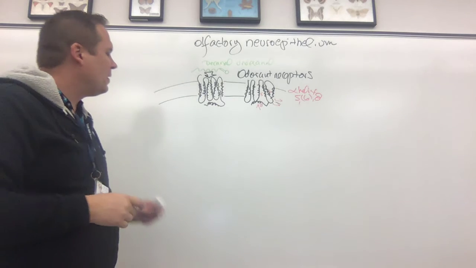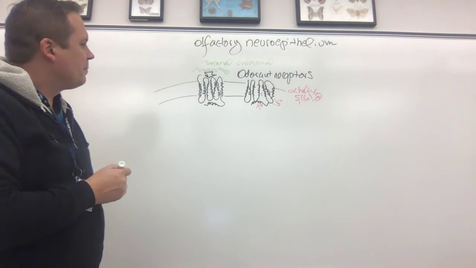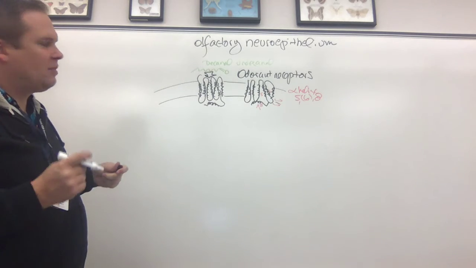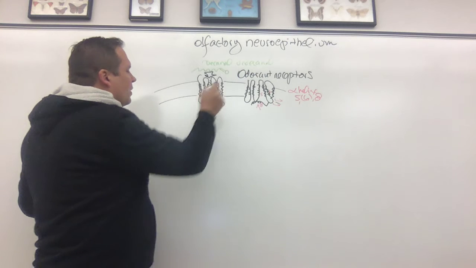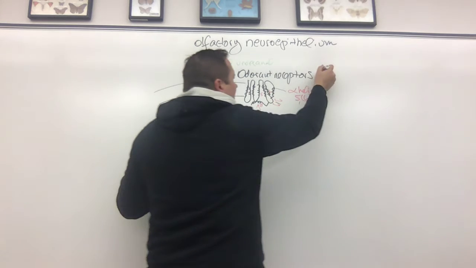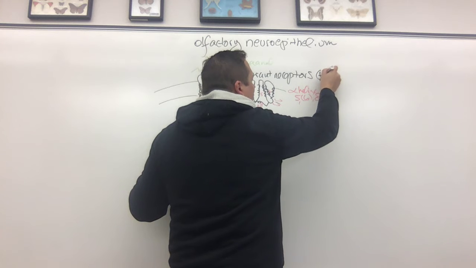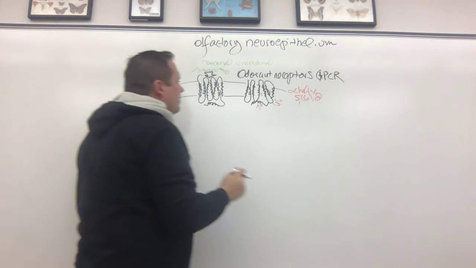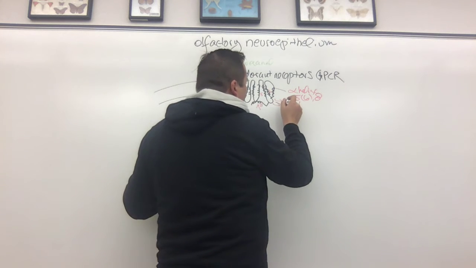Now that we've changed the position of these, we can interact with the G protein. And so our G protein coupled receptor, which is our odorant receptor, a GPCR, is going to interact with a G protein. So we'll draw our little G protein here.